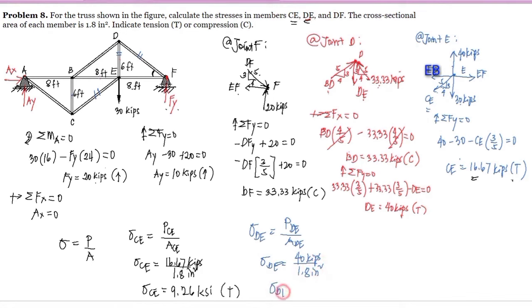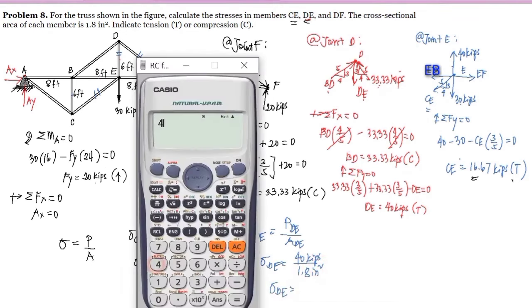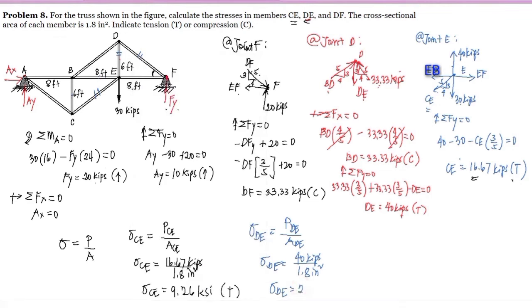So we have stress in DE is equal to 40 divided by 1.8, so that is equal to 22.22 KSI. And since it is in tension, meaning this is tension.